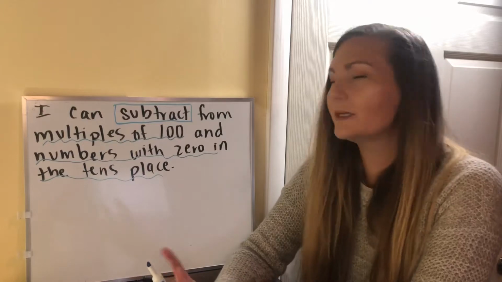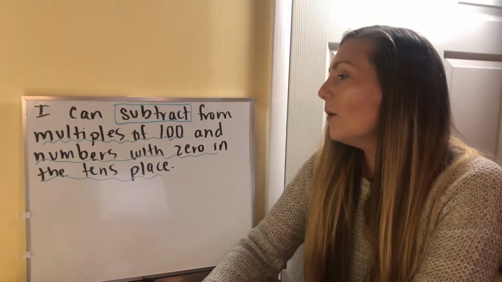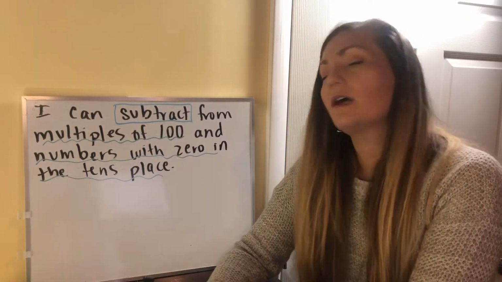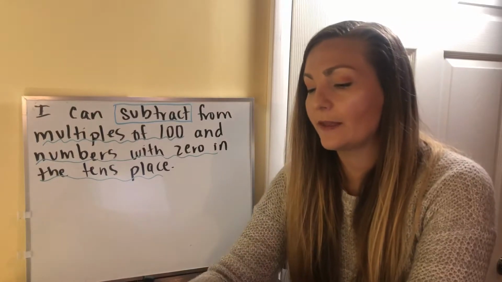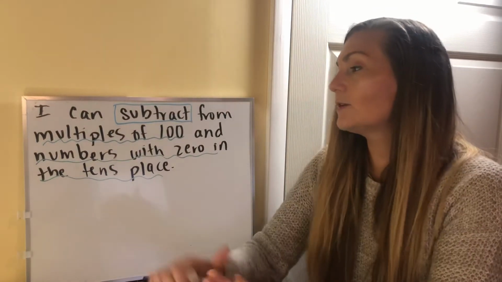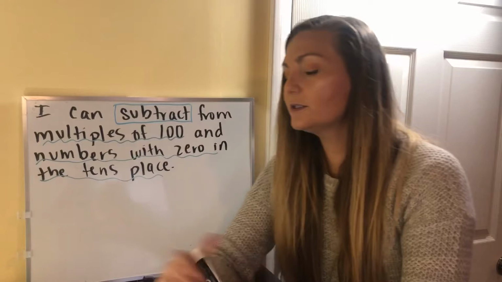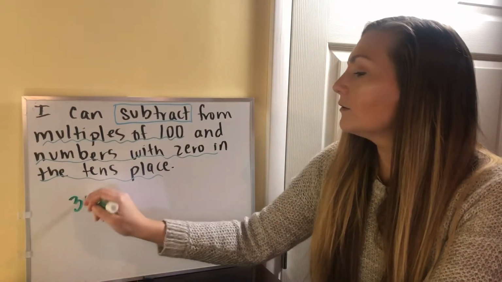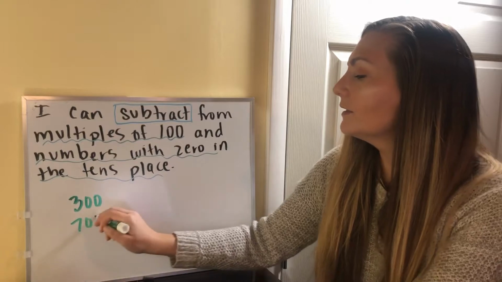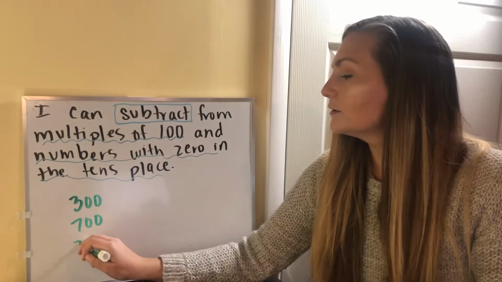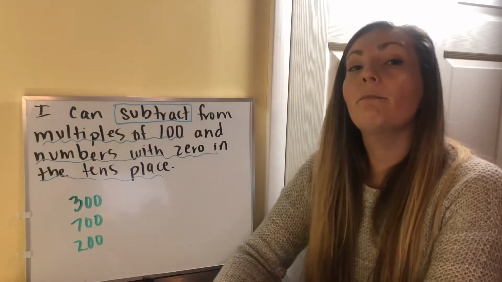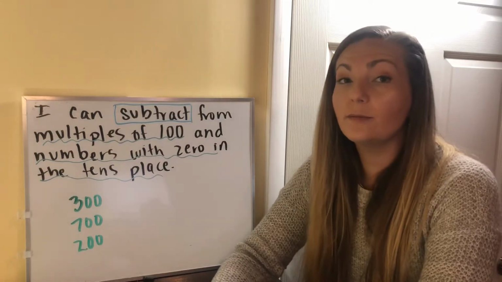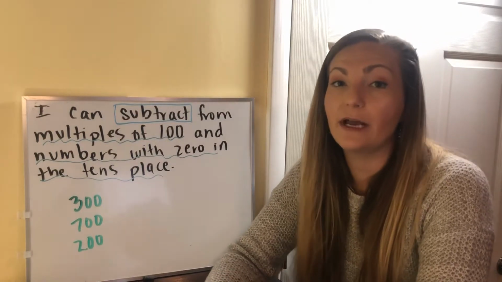So let's come up with some examples of those. What are multiples of 100? I'm going to give you a couple and then see if you can come up with a couple more examples. Multiples of 100, for example, 300, 700, 200. These are multiples of 100. It's any number that we can land on if we're counting by hundreds.